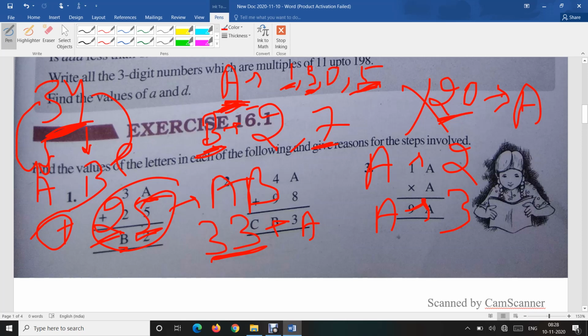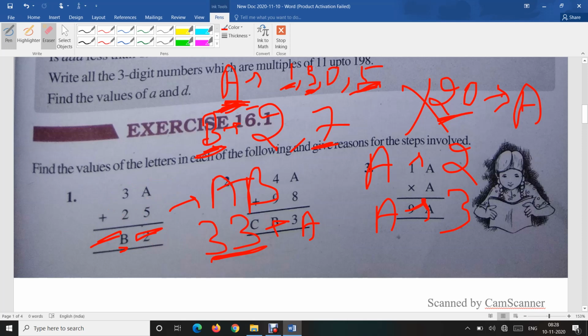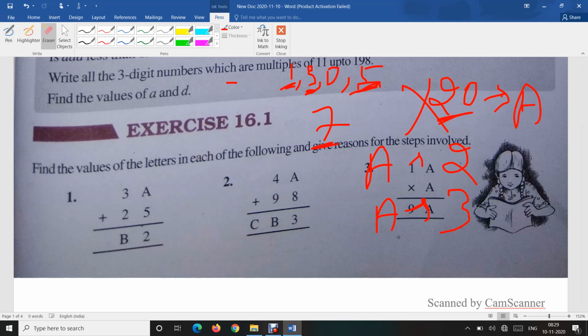And the third rule is that the first digit of a number cannot be 0. That means you can write 1 as 01.